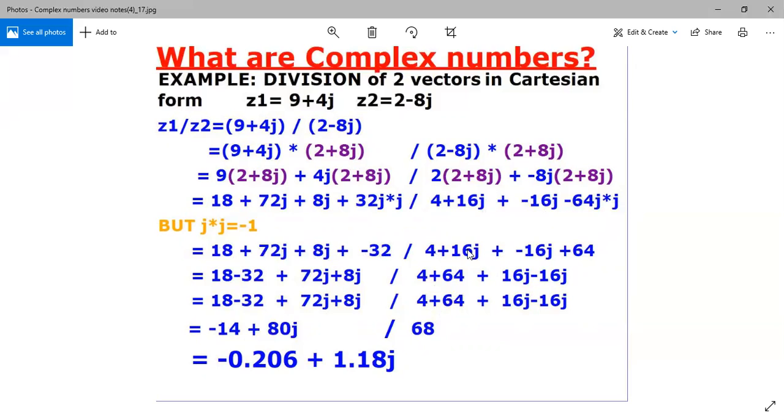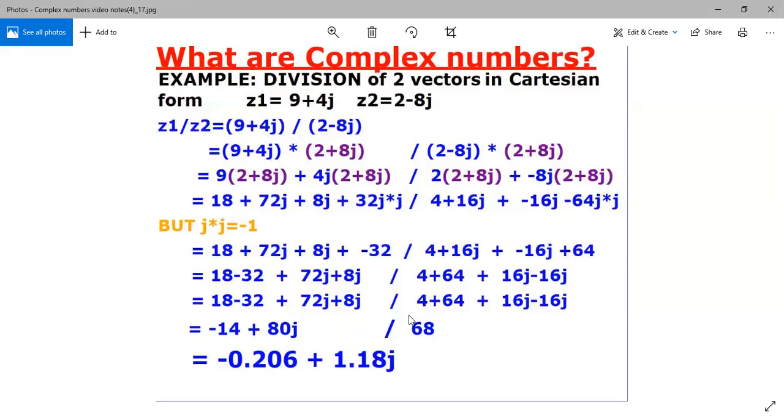You'll notice here plus 16 minus 16 cancel out to be 0. You're left with a real number, which happens in this case to be a whole number. So in the denominator, using the complex conjugate, we've got rid of the j operator. What we can do now is take our numerator, which is still in 2D form.